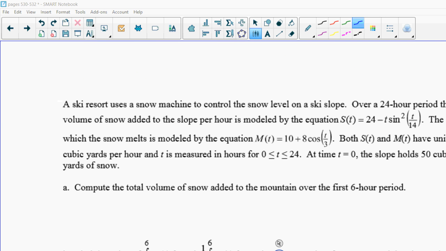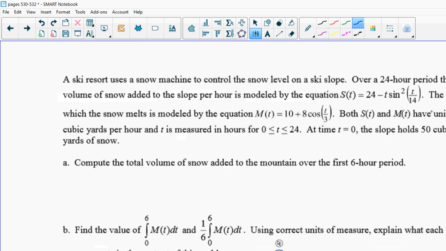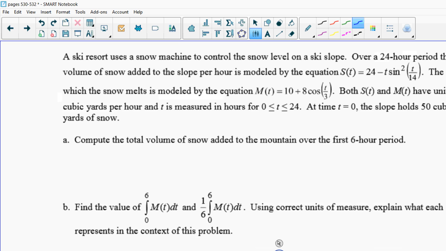Now we're going to get to the good stuff. A ski resort uses a snow machine to control the snow level on a ski slope. Do you know they do that, right? Over a 24-hour period, the volume of snow added to the slope per hour is modeled by this function S of t. Volume added.